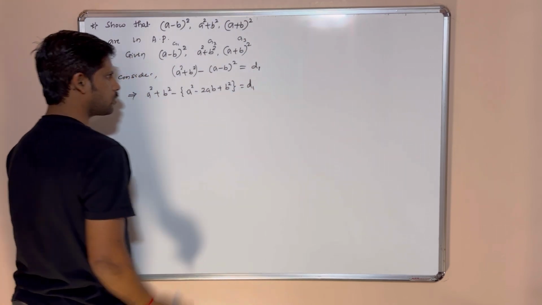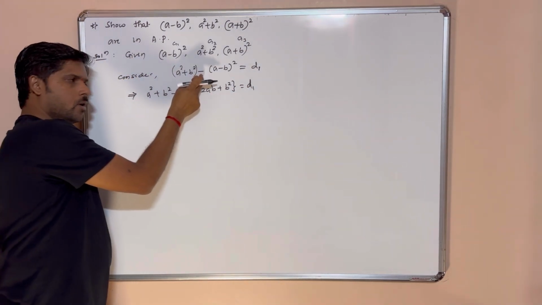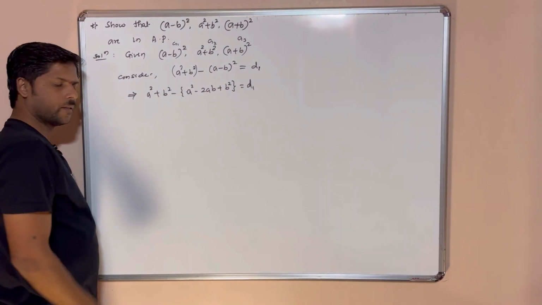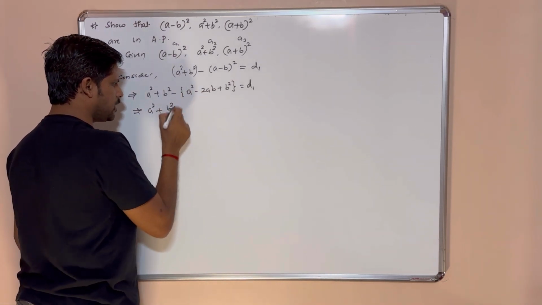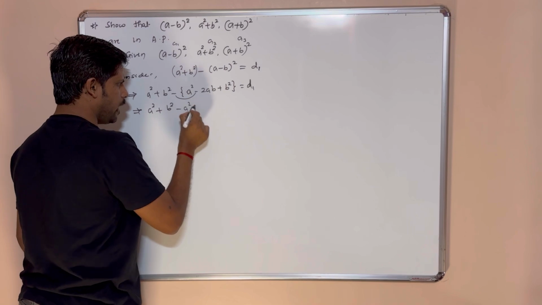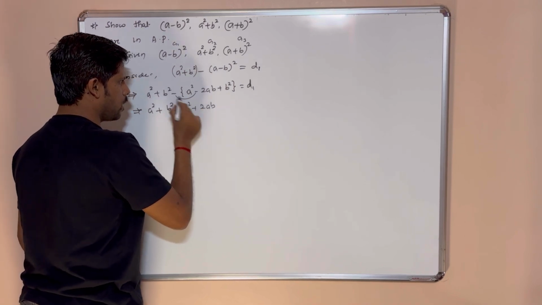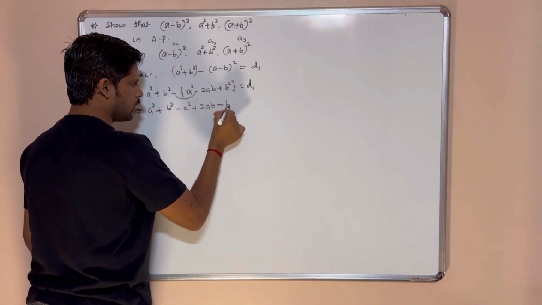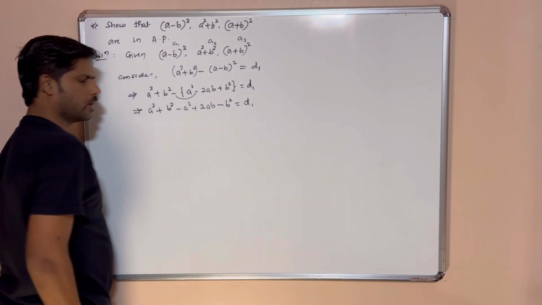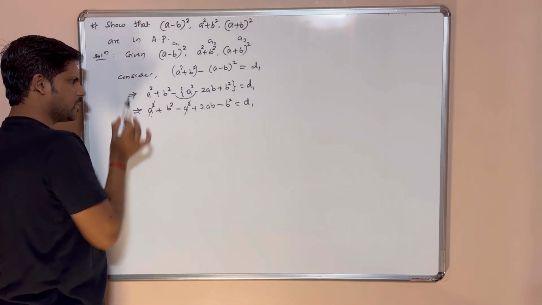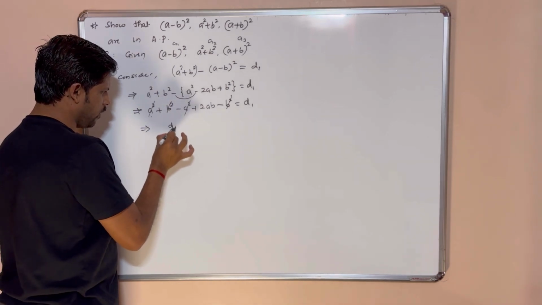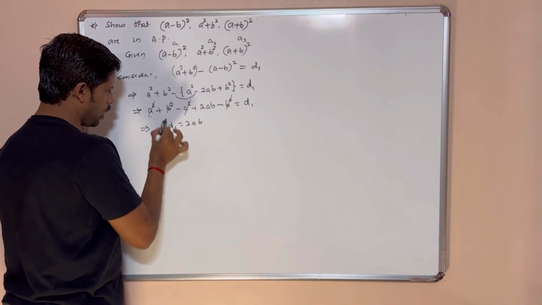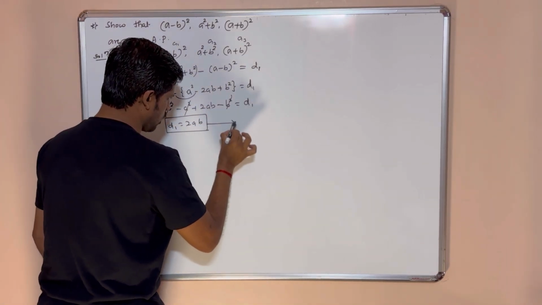Here outside is minus, so keep it in bracket as it is. Now remove the bracket: a square plus b square minus a square, minus into minus plus 2ab, minus b square, is equal to D1. Here a square minus a square, b square minus b square cancel, and we remain with D1 is equal to 2ab. I will call this equation number 1.